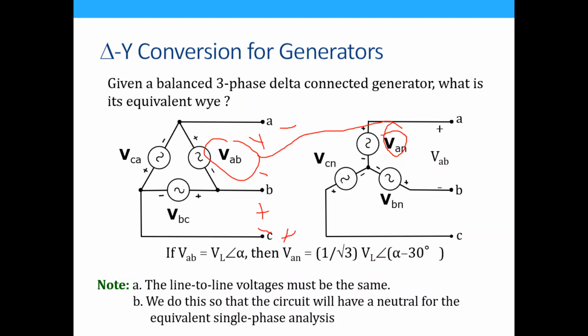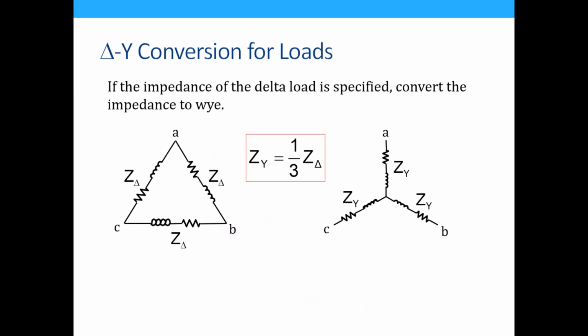Similarly, we have a delta connection for your load. So if your load is delta connected, it looks basically like a delta. It has an impedance Z delta, and impedance Z delta right here. If you're going to convert from delta to Y, again, how do you know if they are equivalent circuits?